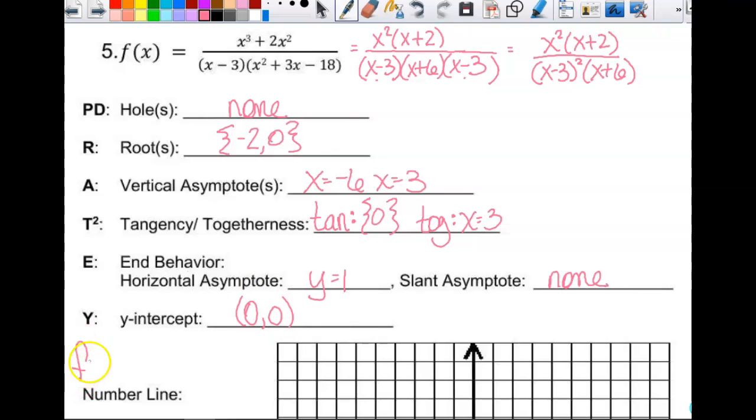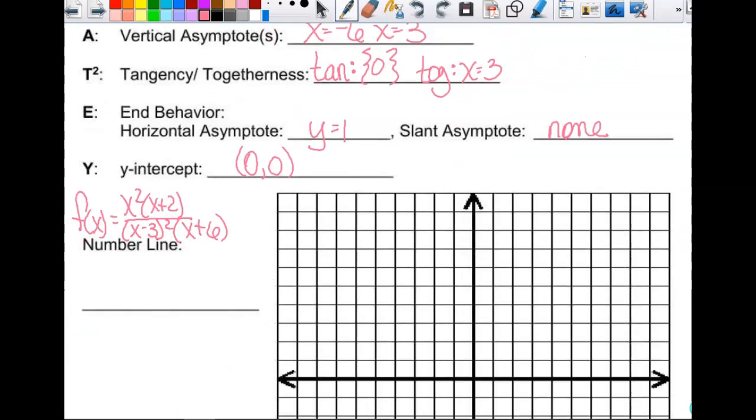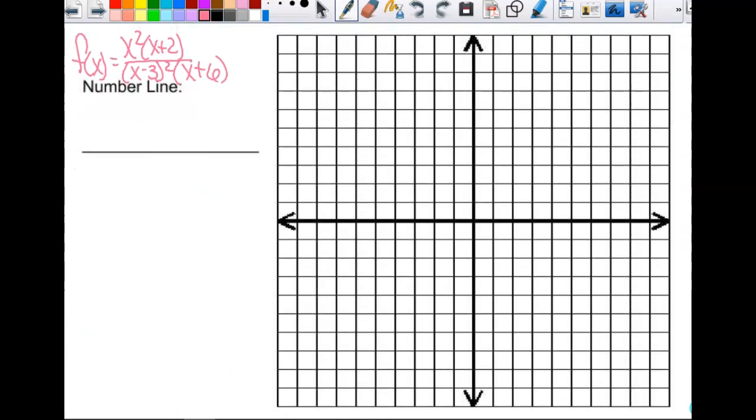Okay, so I'm going to rewrite f of x equals x squared times x plus 2 over x minus 3 squared times x plus 6. Okay. So on my number line goes the -6, the -2, 0, and 3.